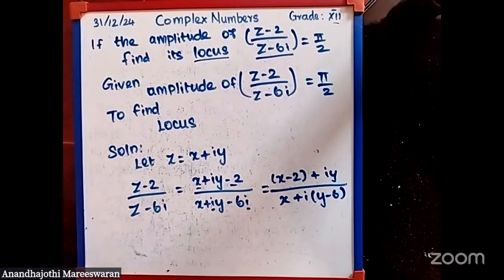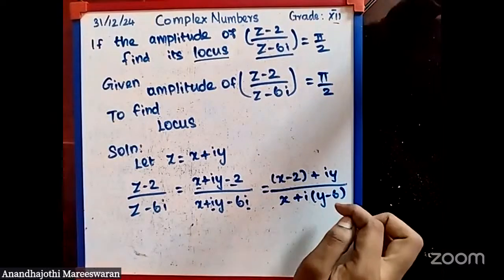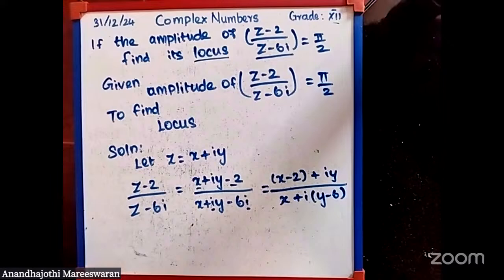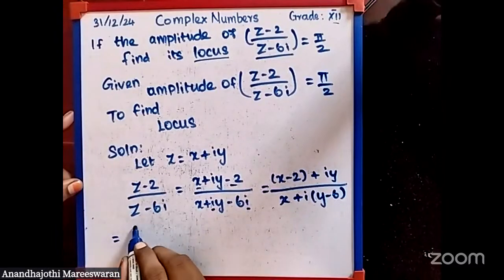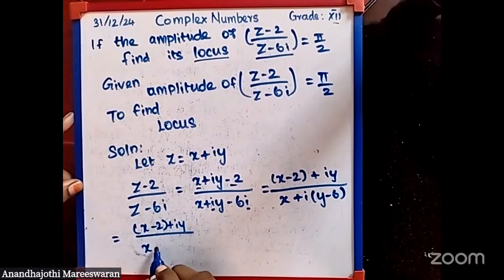So at this point, we are going to do the same thing as in the previous one. What did we do? Yes, of course. We multiplied and divided the entire thing by the conjugate of this complex number. So we are going to multiply and divide this by the conjugate of the denominator.